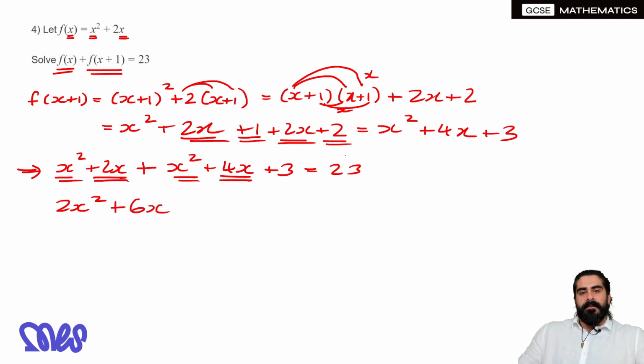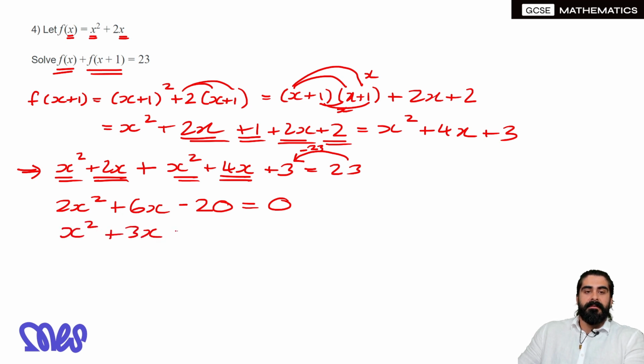I think we're going to move everything to one side first. So the 23, we move it over to this side, subtracting 23 on the left side. So 3 minus 23 is minus 20. We can divide every single term by 2 first before we solve. Dividing by 2, we get x squared plus 3x minus 10 is 0.